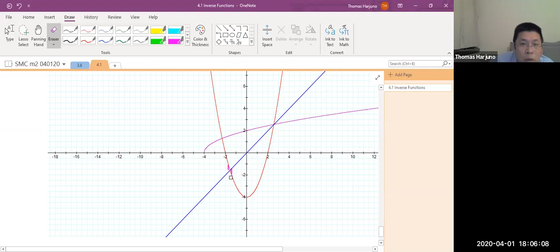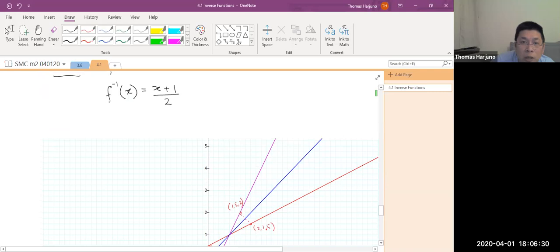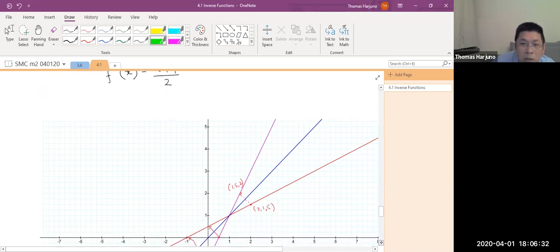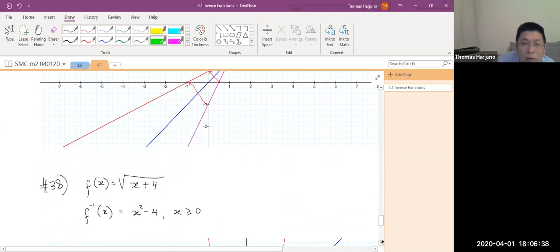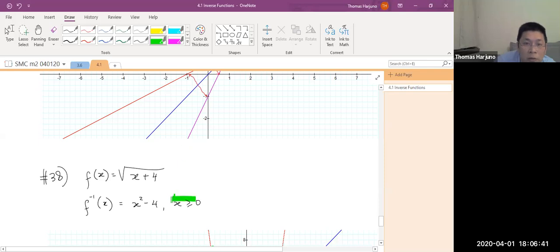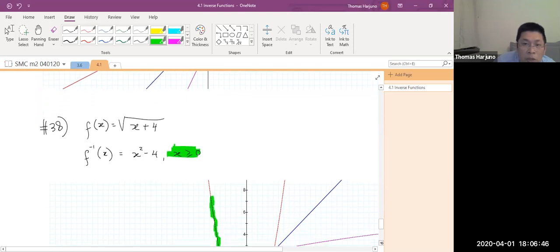Let me use another color, a green color. So the one I covered in green is not part of the inverse function. Do you know why? Because the inverse function has that restriction that x has to be greater than or equal to 0, right? So we only take the positive branch, not the negative branch.